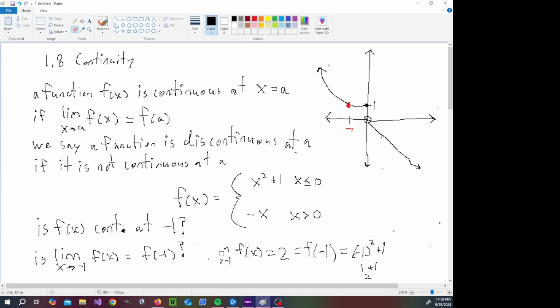Let's ask the same thing for positive 1. Well, that is almost the same question. Is the limit as x goes to positive 1 of f of x equal to f of 1?